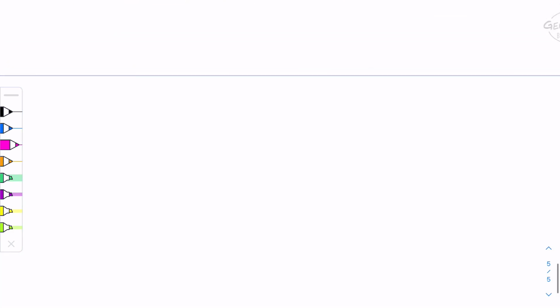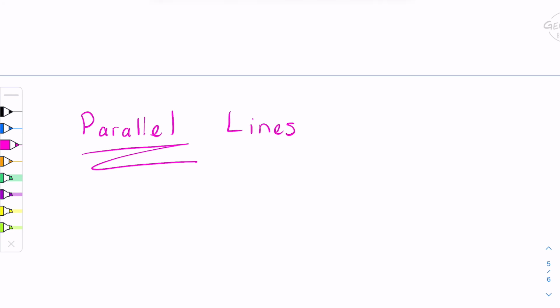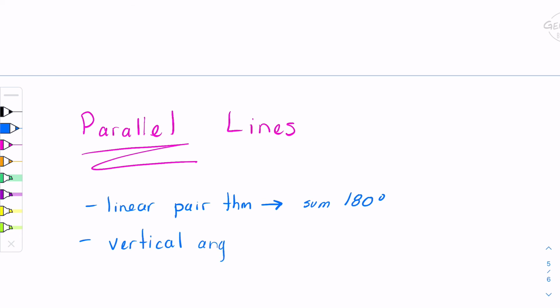So when dealing with specifically parallel lines, you have a few theorems to use. You have the linear pair theorem. The linear pair theorem says angles that are adjacent, or next to each other, sum to 180. You have the vertical angles theorem. Vertical angles are congruent.